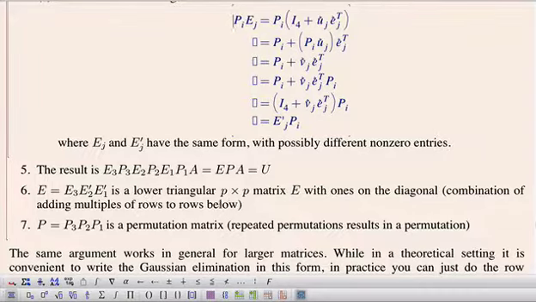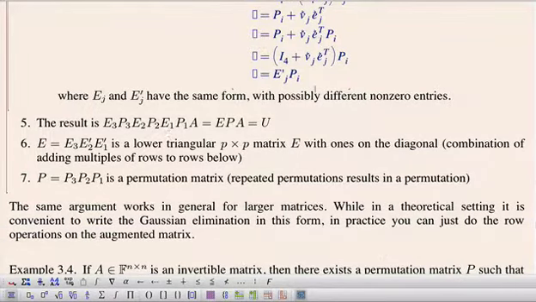It's still a lower triangular matrix with ones on the diagonal, since it's a combination of adding multiples of rows to rows below. And then the P matrix is P_3 P_2 P_1, a product of permutations. It's also a permutation matrix since it's just repeated permutations of the rows, and repeating permutations will result in a new permutation.